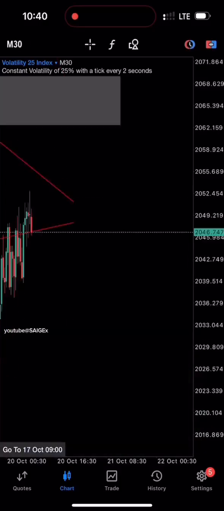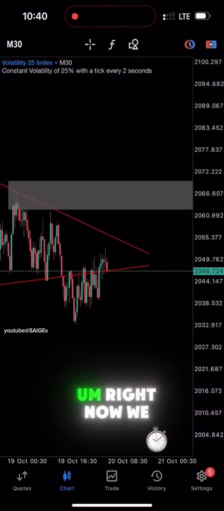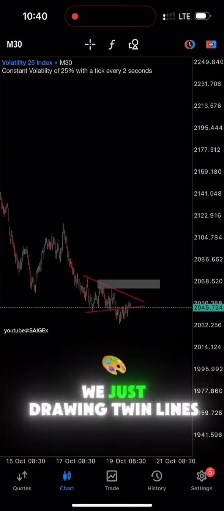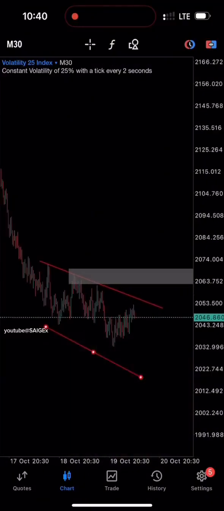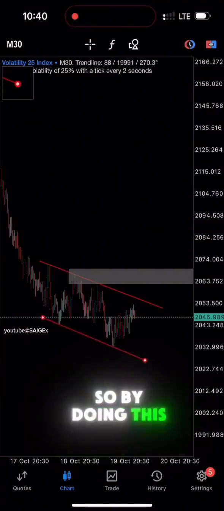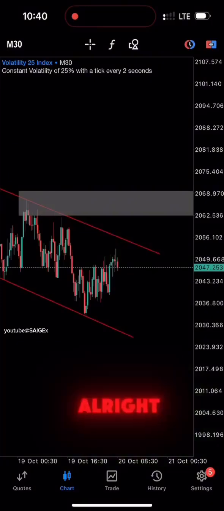All right, so we can even try to draw something. Right now we are not sure of this trade, we're just drawing trend lines, but to be sure we have to also do this as well. So by doing this, we have some clear definition of this trade, that it's a downtrend. All right, it's a downtrend.